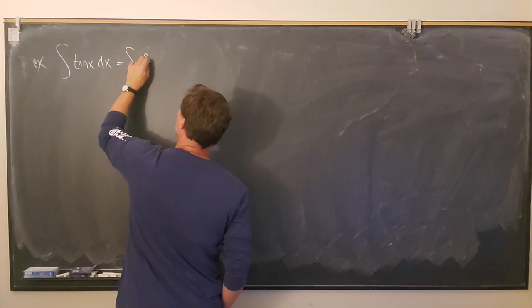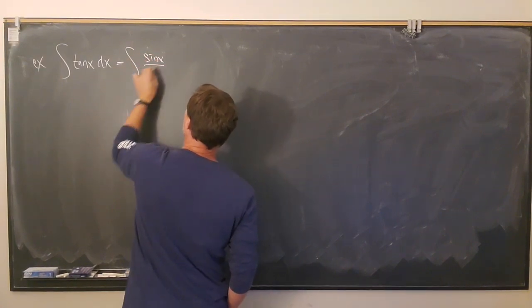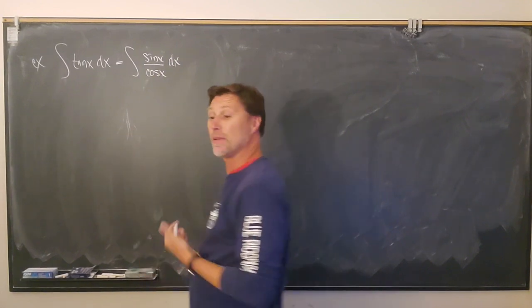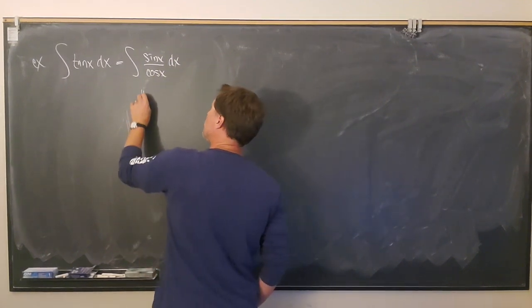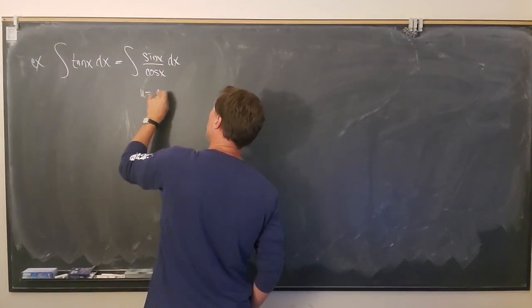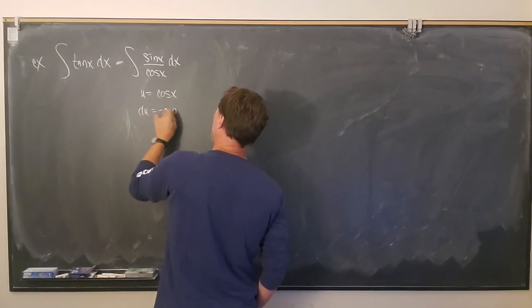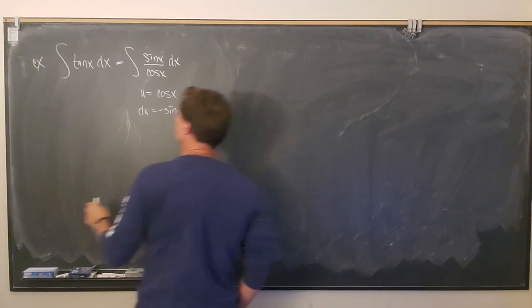The way you get the formula is you rewrite it as sine over cosine. Now it's set up to do substitution where you let u equal cosine x, du equals minus sine x dx.